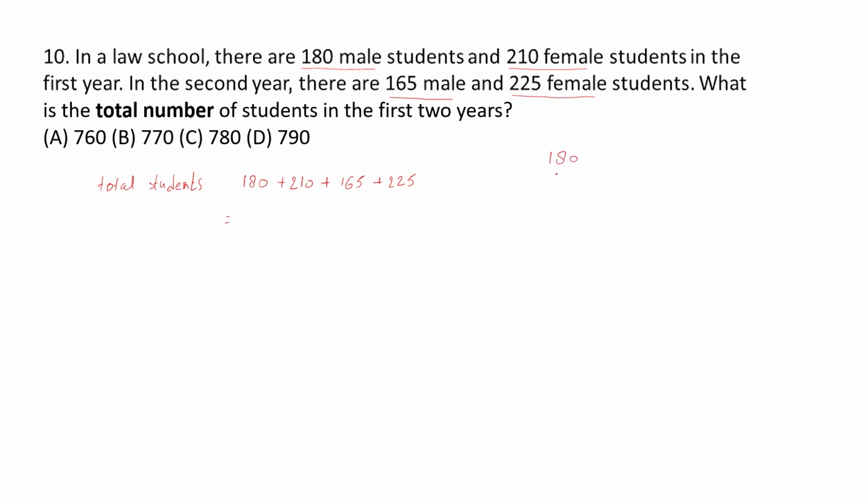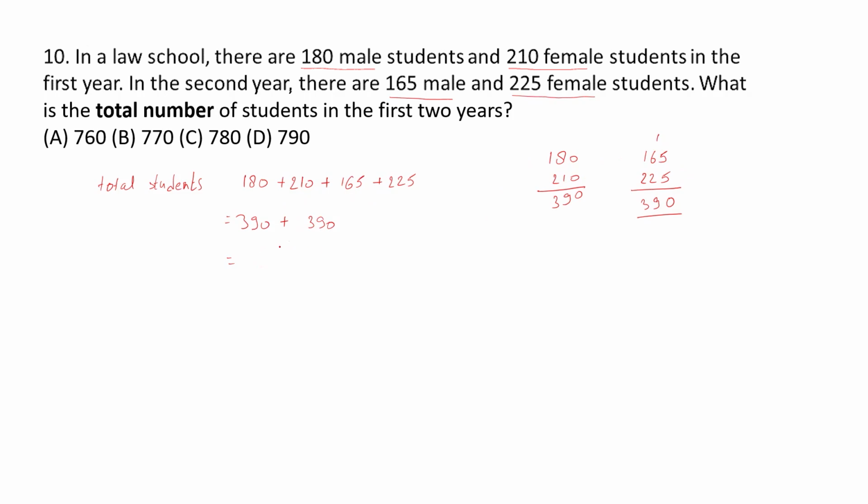So 180 plus 210. 0 plus 0, 0, 8 plus 1, 9, 2 plus 1 is 3. So 390 was in first year. Then let me add 165 and 225. These many students were in second year. 5 plus 5 is 10. One remainder. 6 plus 2 is 8 plus 1 is 9. 2 plus 1 is 3. 390 again. 390 was in second year.